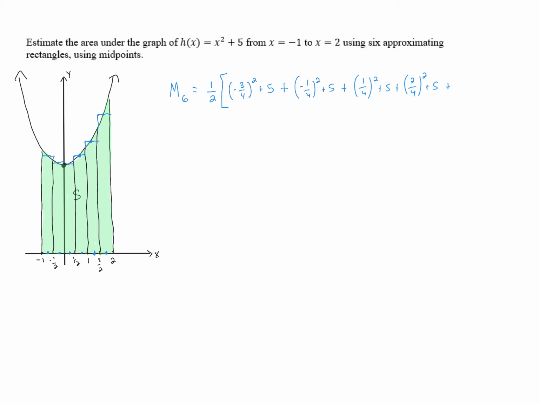And then the other ones, halfway between 1 and 3/2 is going to be 5/4. That's 1 1/4. So that's going to be 5/4 squared plus 5. And then the last one is 7/4. So 7/4 squared plus 5.